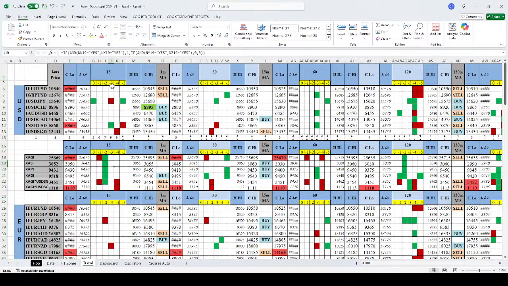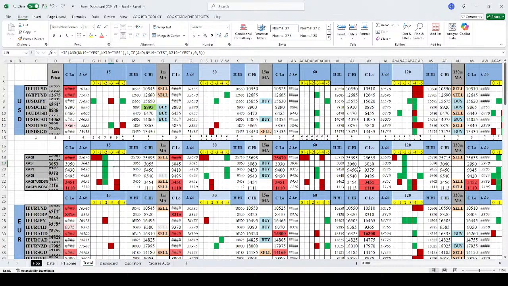For instance, with gold, we have seen a red on the 15-minute -1. That is an indication that this market is turning. I wouldn't say it gives a confirmation, but it's turning on the 15-minute. But once the red is highlighted on the 30, 60-minute, like 120, then my comfort zone will be much higher.